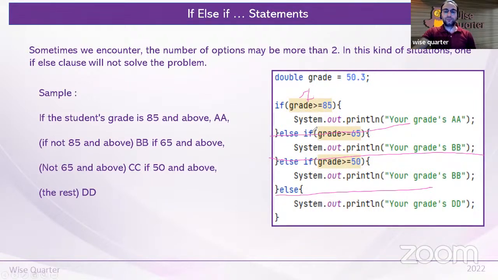If it is not true, it will check it. If it is true, don't worry, there's no other option because the first one is true. Nothing else will be executed. It will only print your grade is A.